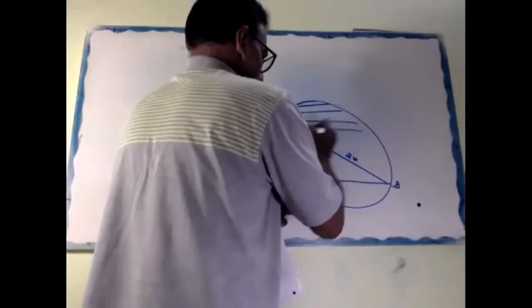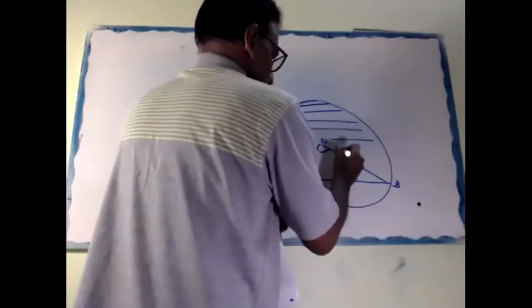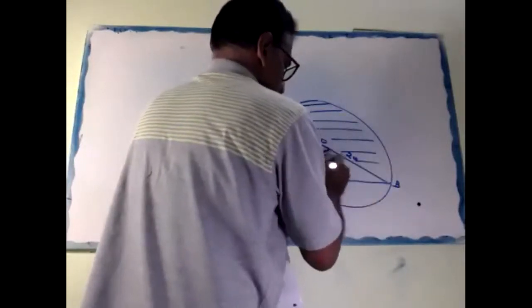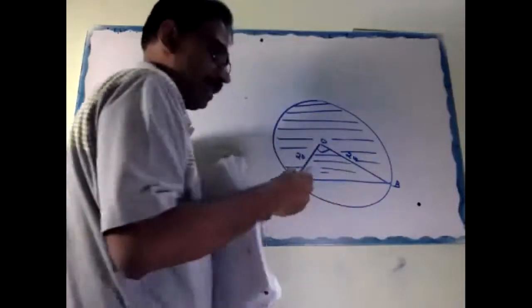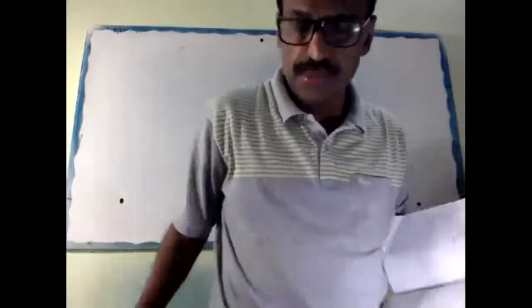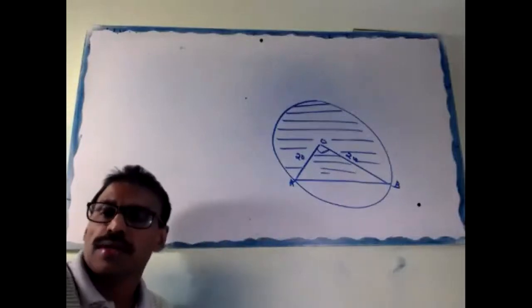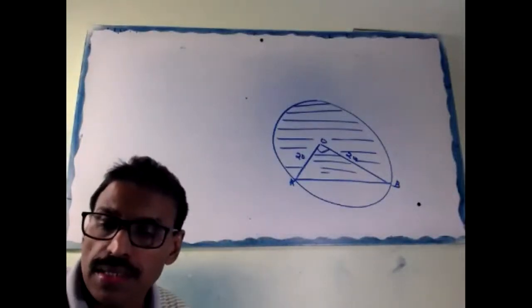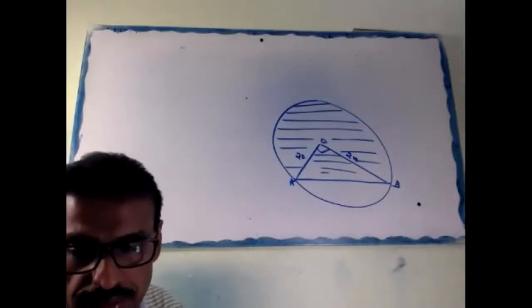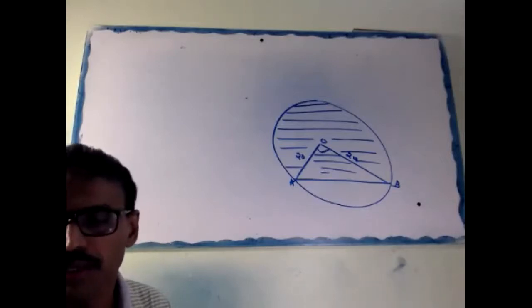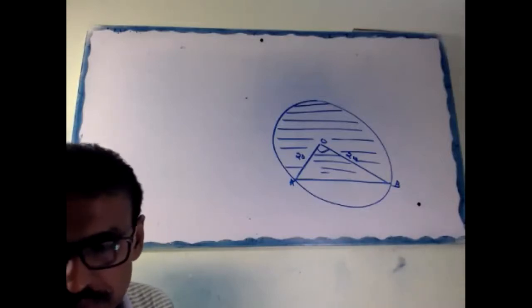That means this you have to find out. Use pi 3.14. Very important thing: if the pi value is given, you are supposed to use 3.14 only. If it is 22/7, then use 22/7.